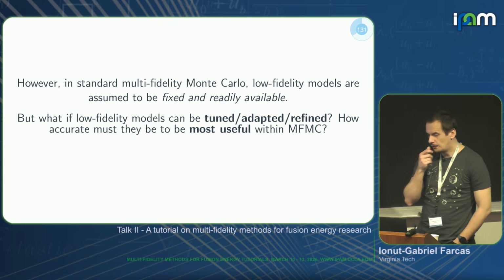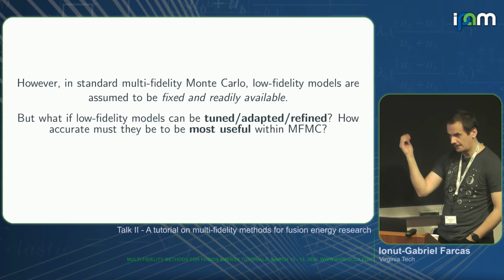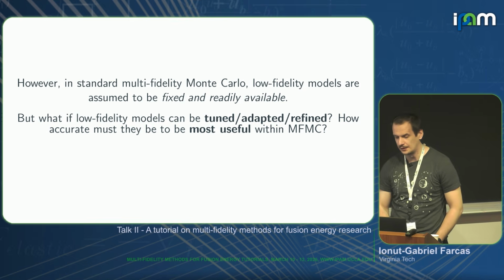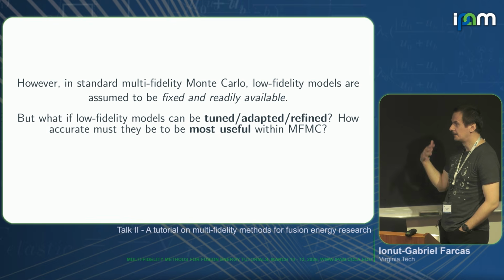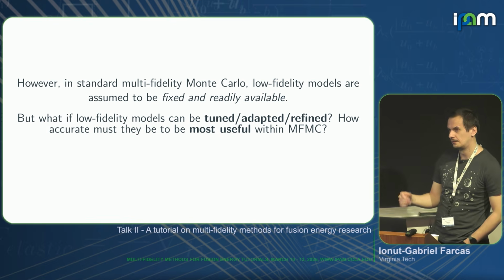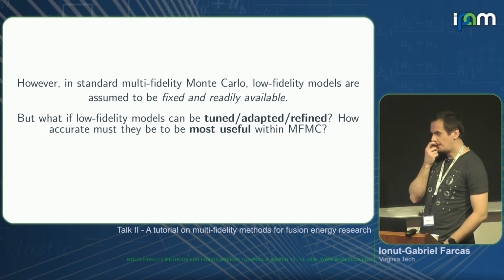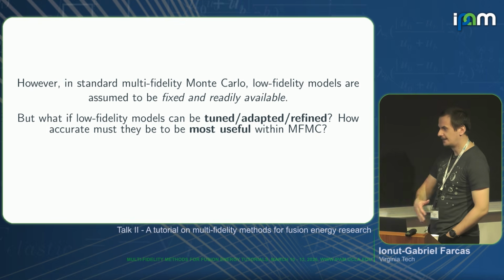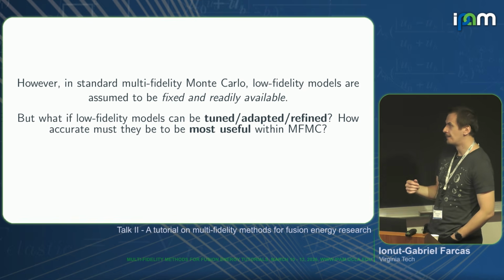So the question is, what if low-fidelity models can be tuned, adapted, refined? This definitely is the case for data-driven models, but also for others. And the question becomes, how accurate must this model be to be most useful within multi-fidelity Monte Carlo sampling? Which is to say, if you want to use a neural network, the eternal question for a while will be, how much training data do I need?